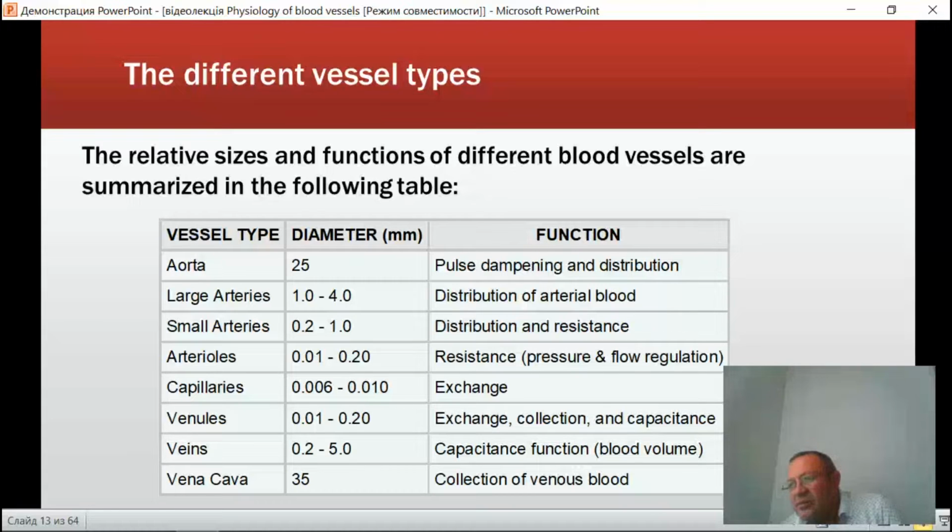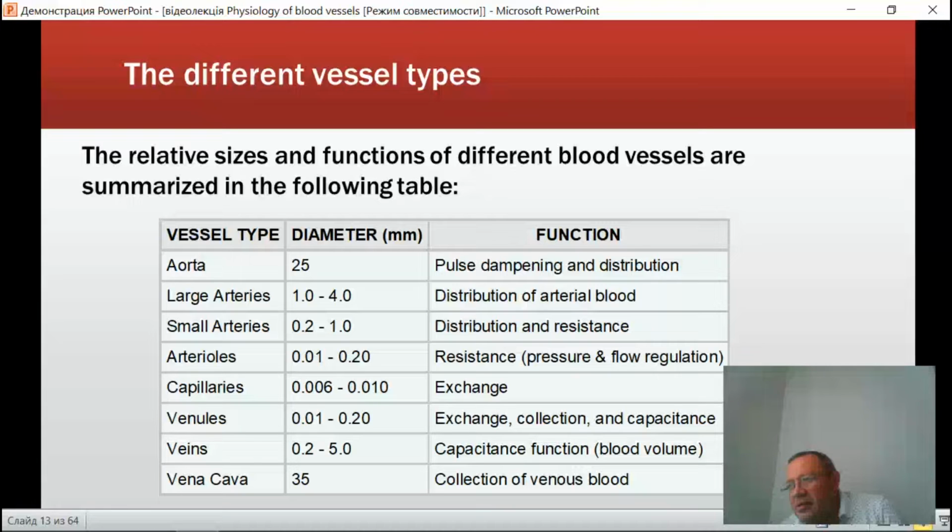Small arteries, from 0.2 to 1 millimeters in diameter, have function distribution and resistance. Arterioles, small diameter from 0.01 to 0.2 millimeters, have main function resistance, regulation of pressure and flow.